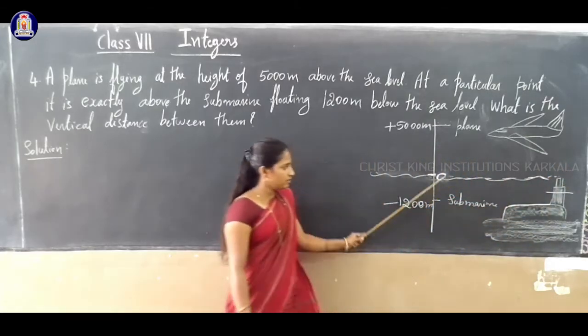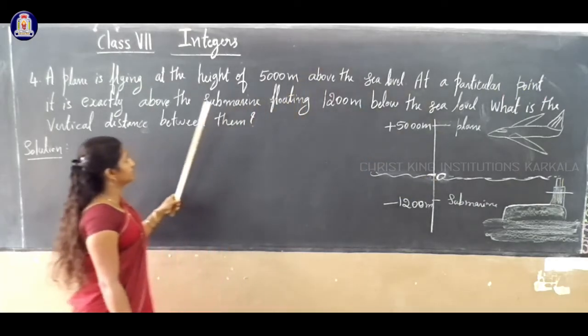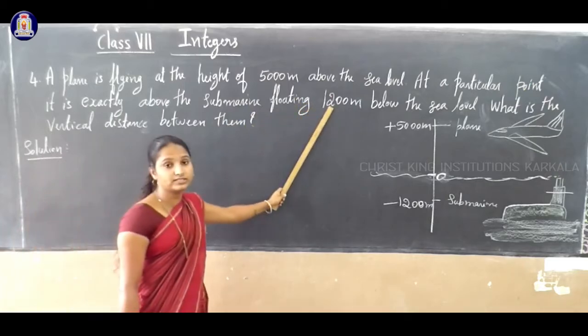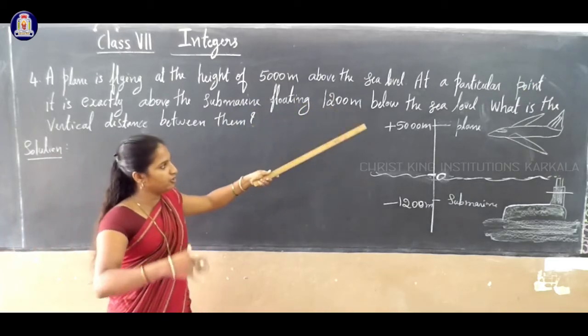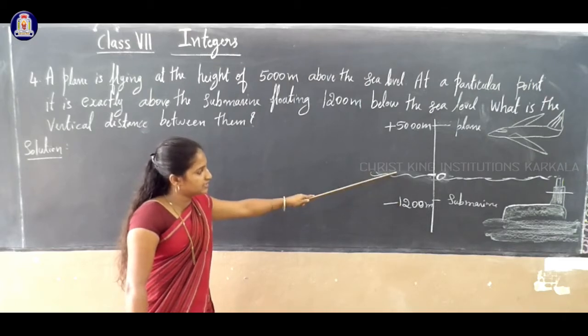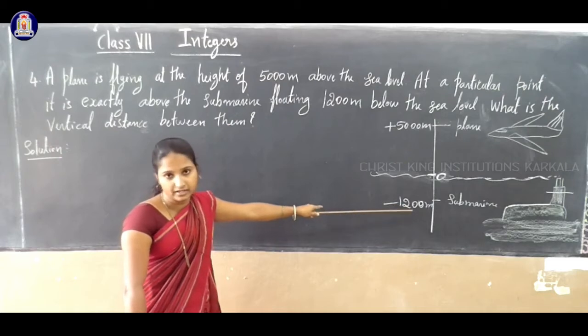Now see, below the sea level it is given that the submarine is floating 1200 meter below the sea level. So the distance is given as minus 1200 meter. Why minus?